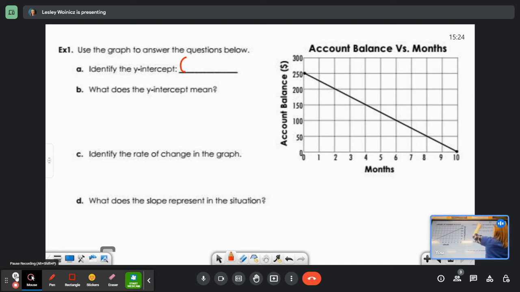The whole thing is (0, 250). What does the 0 represent in this scenario? The months. Okay. What about the 250? The amount of money. Yeah, that's the account balance in dollars.